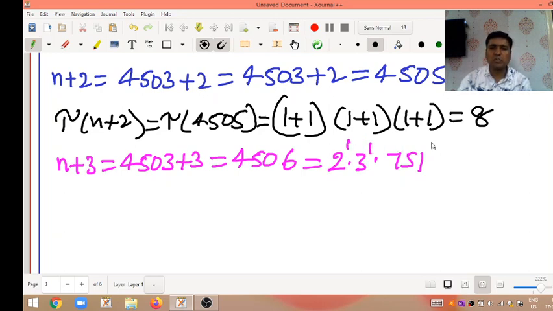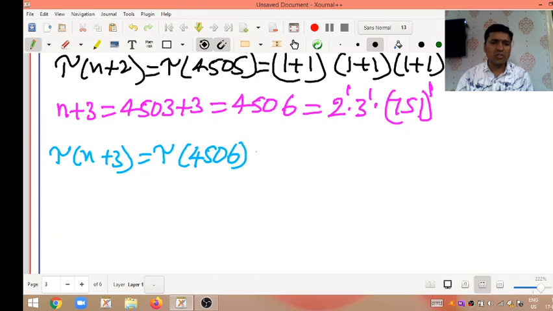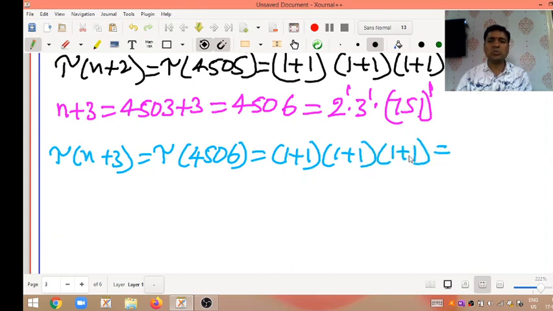So 2 power 1, 3 power 1, 751 power 1. We apply this formula: d(n+3) is equal to d(4506), which is k1 plus 1 means 1 plus 1, k2 plus 1 means 1 plus 1, into 1 plus 1, which is equal to 2 into 2 into 2, 8 will come, my dear students.